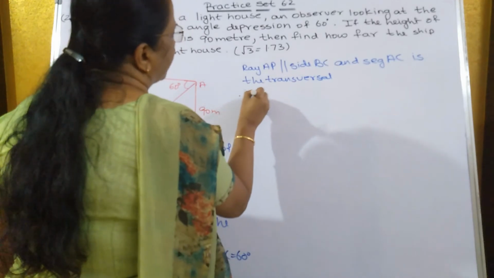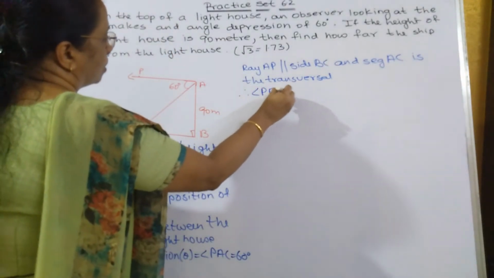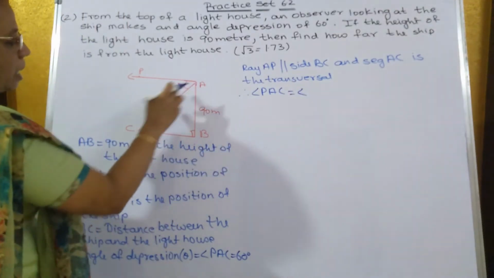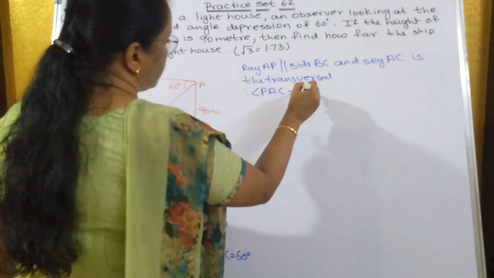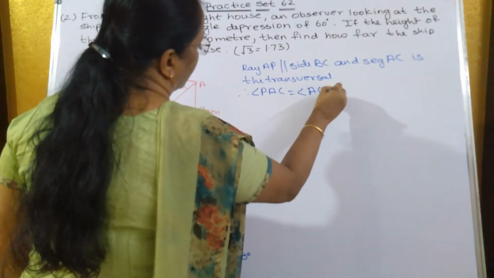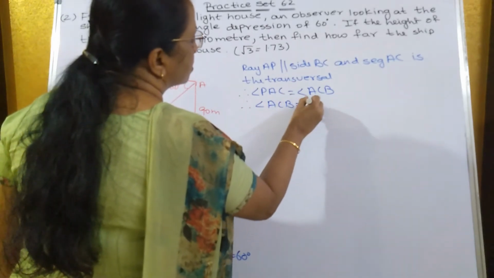Therefore angle PAC is equal to angle ACB. That is, this angle and this angle are equal. Therefore angle ACB is equal to how much? 60 degree.